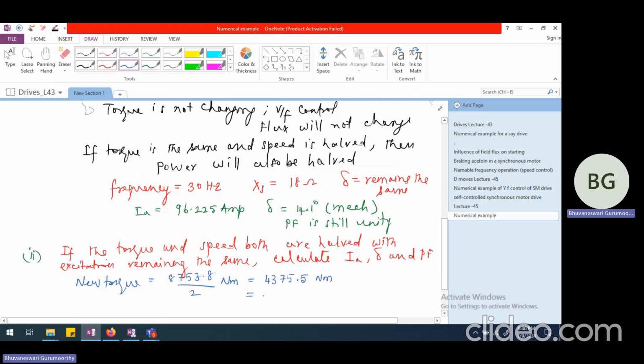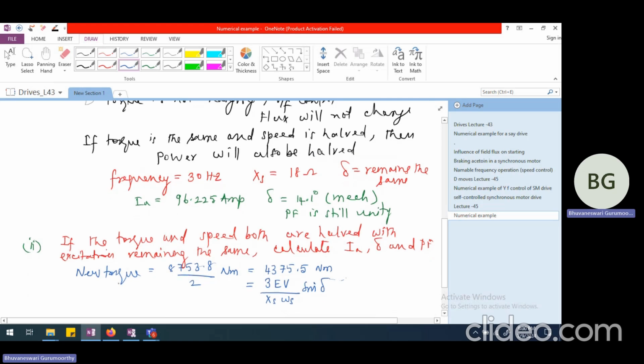Now this is equal to 3 EV divided by Xs omega s sine delta. So in this particular case, because the speed is halved, omega s is going to be 600 RPM or 125.66 divided by 2. And Xs is going to be 18 ohms.